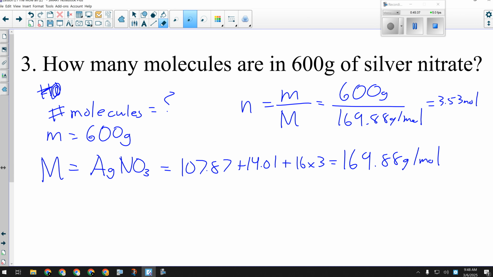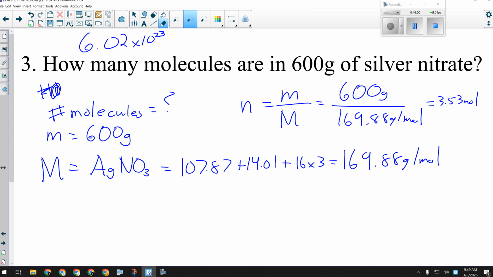So I said this question was going to involve Avogadro's number. What does Avogadro's number tell us again? How much in 1 mole, right? This is the number of silver nitrate molecules in 1 mole of silver nitrate.